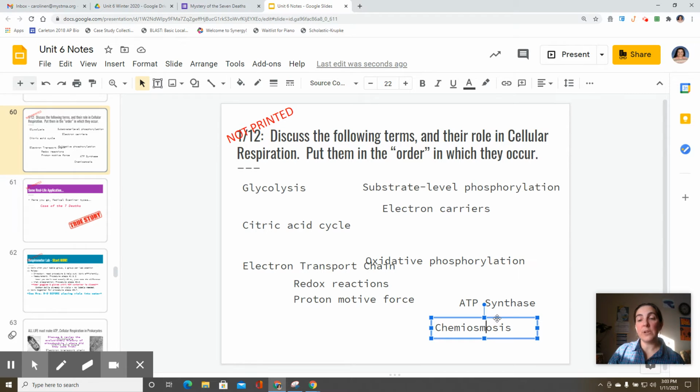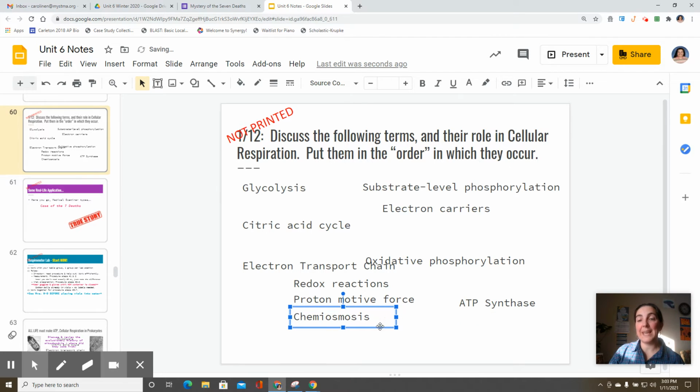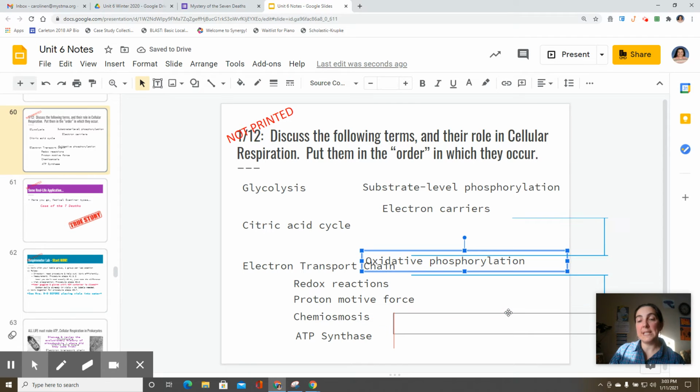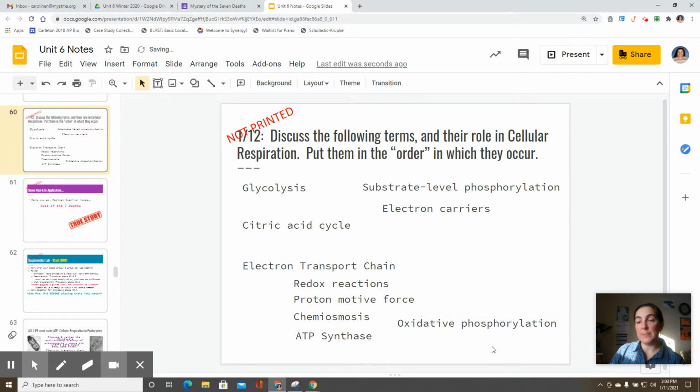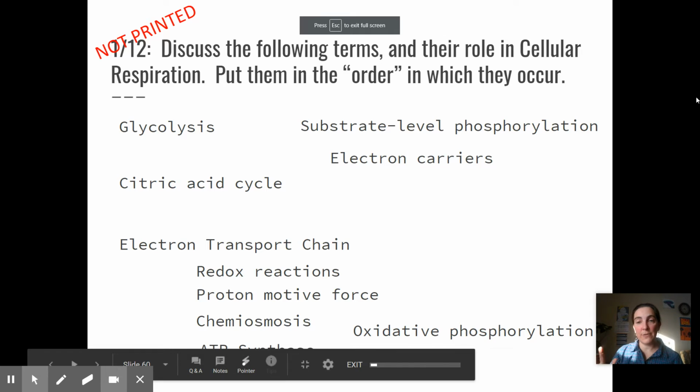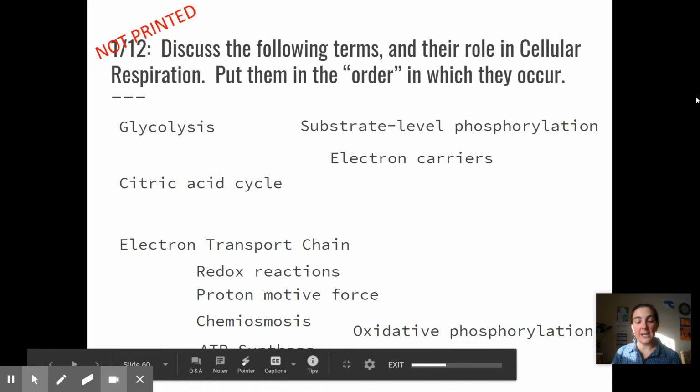As they diffuse across the inner mitochondrial membrane, that process is called chemiosmosis. The hydrogen diffuses through ATP synthase to produce ATP, and this type of ATP production is called oxidative phosphorylation. So here we have it all arranged. If you had something similar to this, then that is good enough.